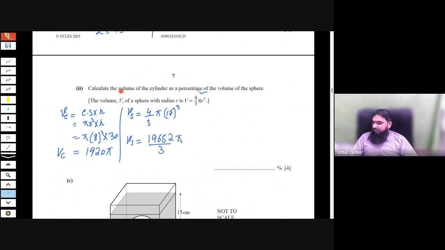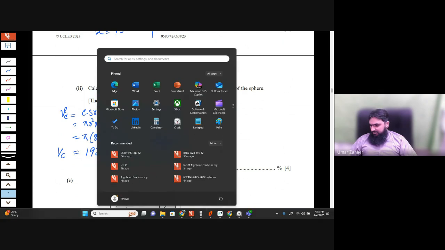Now you have to find the volume of the cylinder as a percentage of this one. It is not divisible. I want to know whether this value is divisible or not, because at the end we have 2. 3 times 6 is 18, 3 times 5 is 15, 3 times 5 is 15. I think you're making some mistake. I'm going to check it.